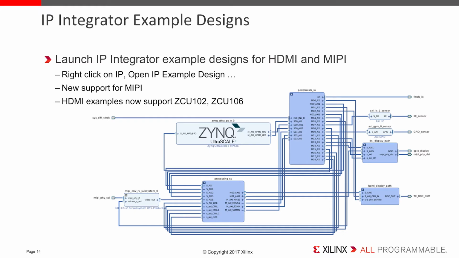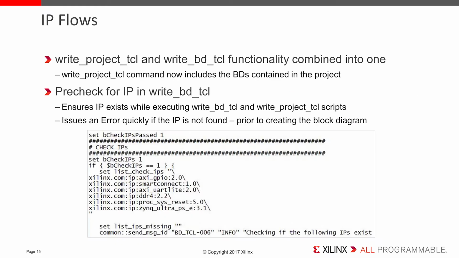In IPI, users can now easily launch HDMI or MIPI example designs by doing a right-click on these IPs on the canvas. There is also new support for ZCU102 and ZCU106 boards for MIPI and HDMI examples. For IP flows, write project Tcl and write BD Tcl functionalities are now combined into one.